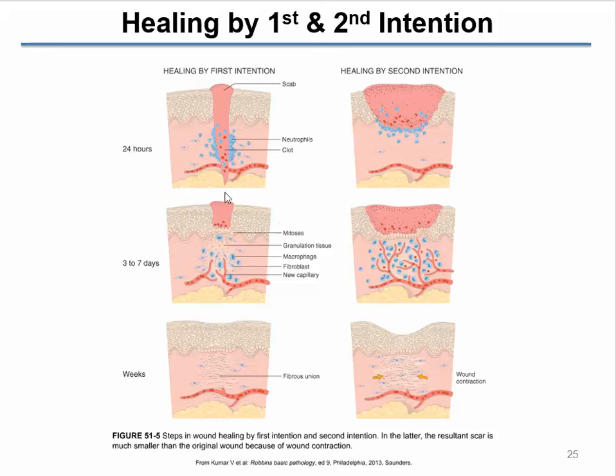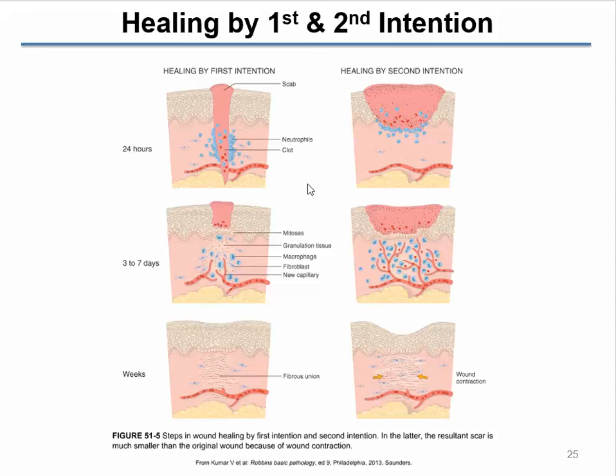What happens in healing by first intention is the cut goes down through to the tissue. Oftentimes you get a suture.